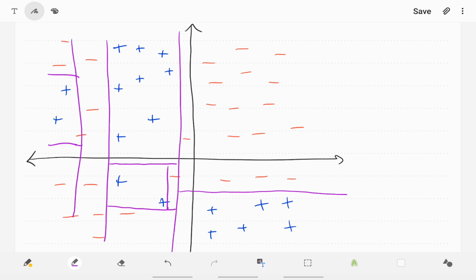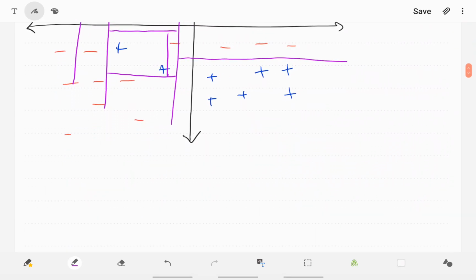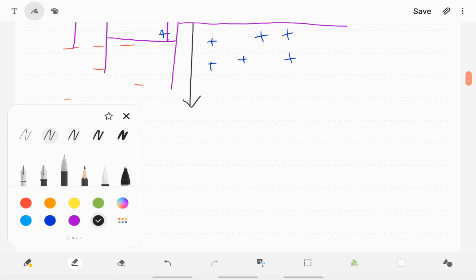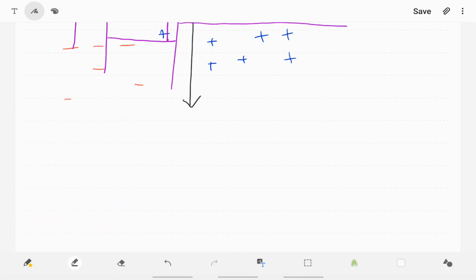So how can we think about this mathematically? We can also think about this as a binary tree, where each internal node in the tree corresponds to a split, and the leaf nodes correspond to one of these rectangular regions and a corresponding prediction. So for example, we have three covariates, x1, x2, and x3.